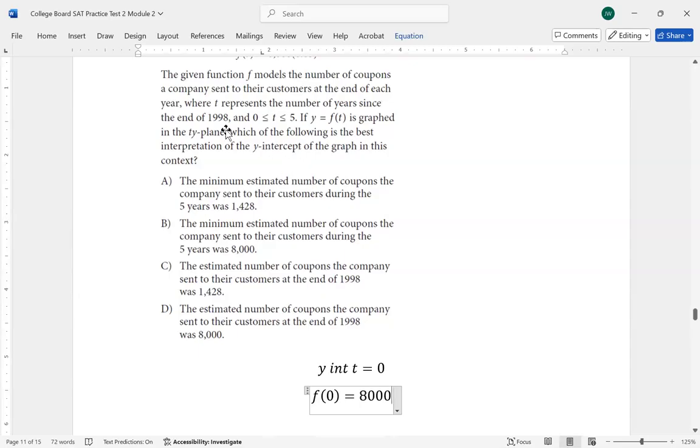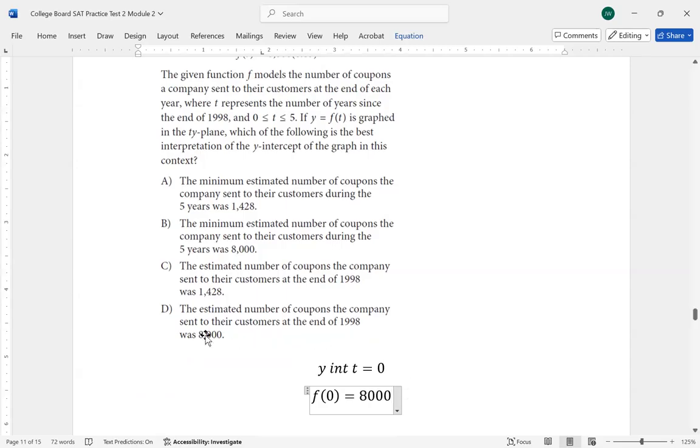Remember, T stood for the number of years since the end of 1998. So what we're saying there is at 0, we're at the end of 1998. And F is giving me the number of coupons a company sent to customers. So what it's telling us is that at the end of 1998, the number of coupons sent to customers was 8,000.